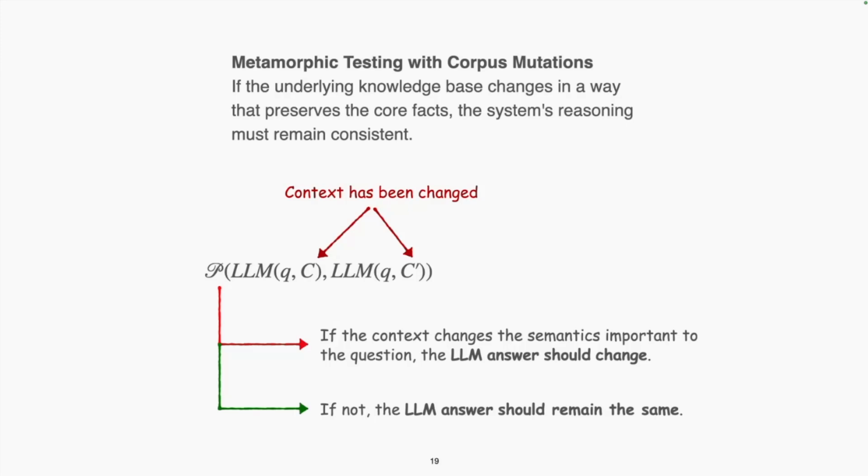The first one is with this red line, meaning that if the context or some facts change, we expect the LLM answer to that specific query to change. Otherwise, the answer should remain the same. This is a very simple metamorphic relationship I propose. The good thing about metamorphic testing is that we don't need any oracle. The relationship itself becomes the oracle. So that's a good thing.